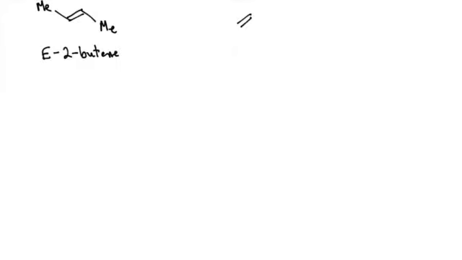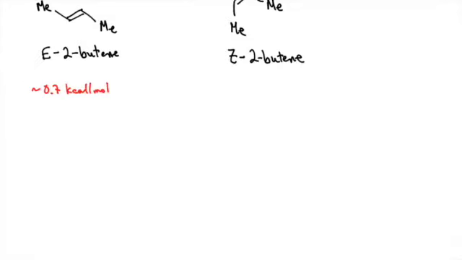But we also have the Z version, Z-2-butene. These are different molecules. They are geometric isomers of one another, but they are indeed different molecules, and they have different physical properties because they have different energies. It turns out that the E isomer is about 0.7 kcal per mole more stable.